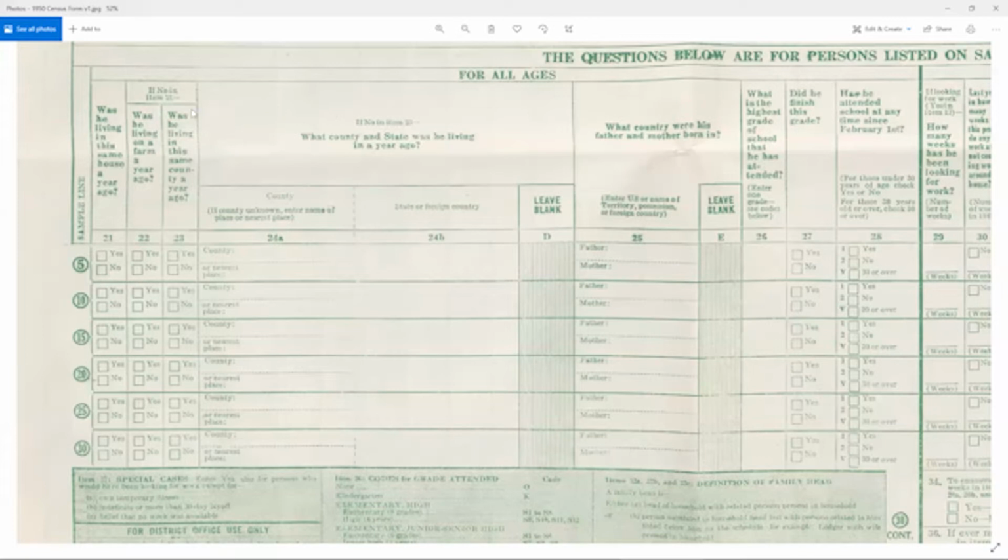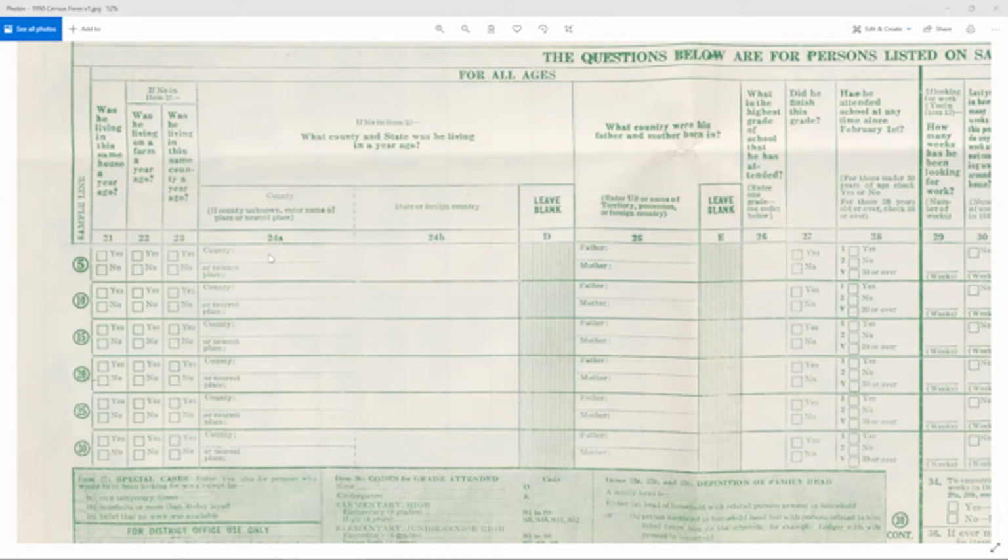Now, if the answer to 23, which was in the same county, is no, then they want to know what county and state he was living in. You'll see here that we have a box for county, one for state and foreign country. Now, it says, if county unknown, enter name of place or nearest place. What's nice about this is it's actually broken into two pieces.